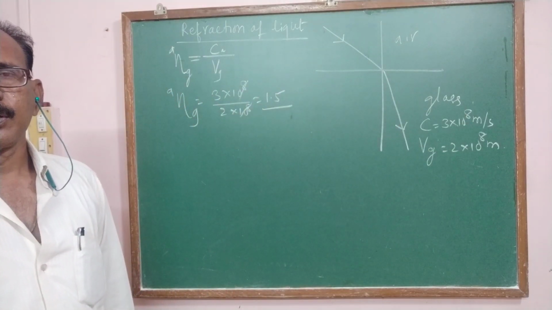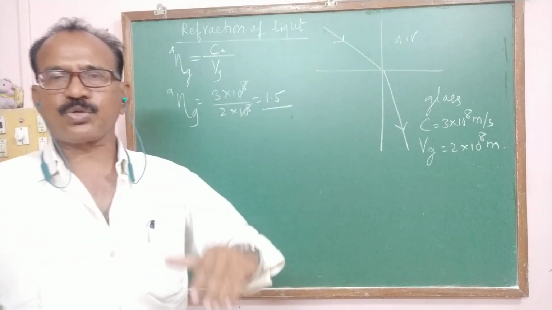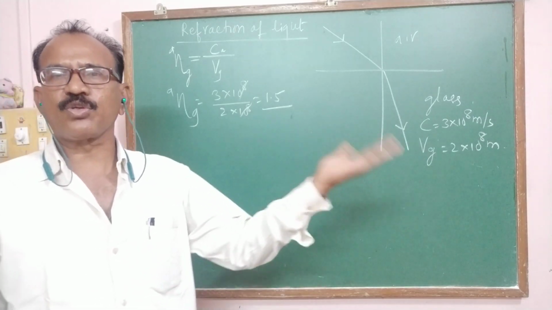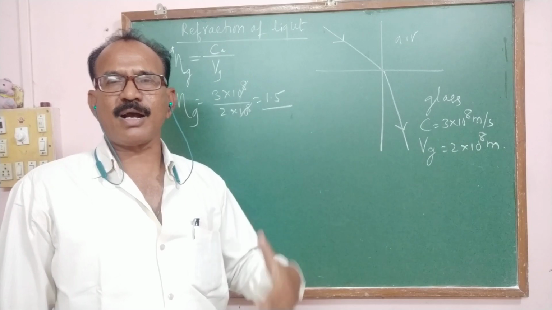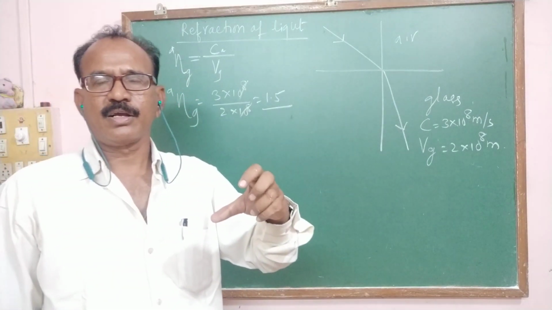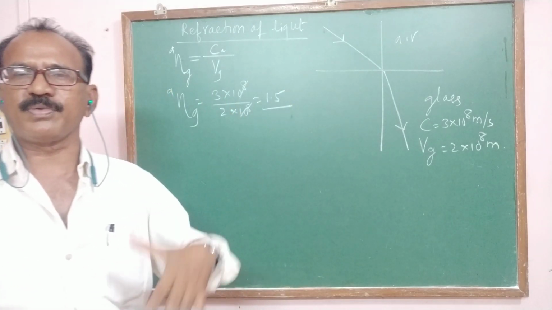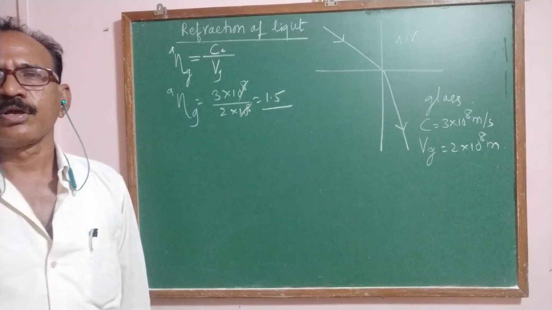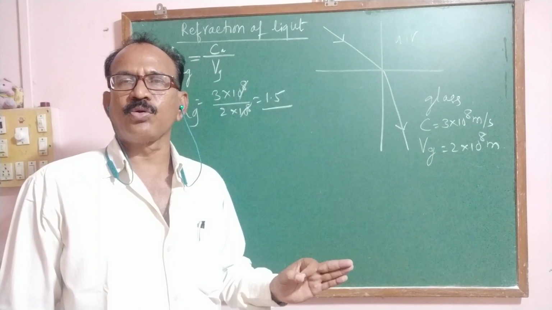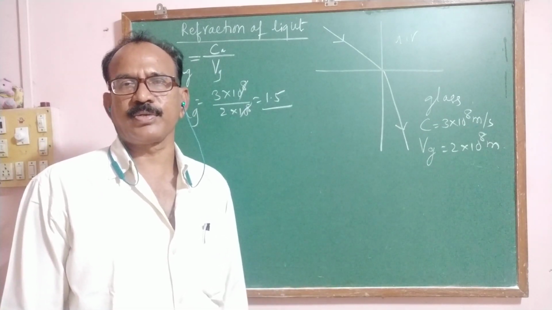So, optically denser medium. Refractive index is of two types: absolute refractive index and relative refractive index. If you are comparing how much denser one medium is with respect to air or vacuum, at that time we call it the absolute refractive index.